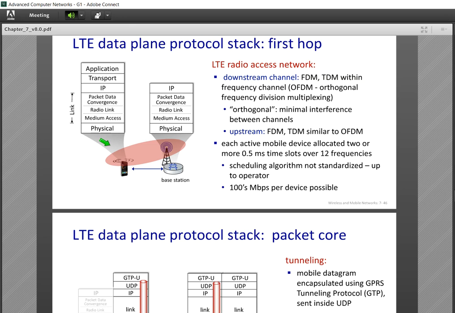We talked about FDM and TDM in the last lectures, so I will omit talking about them again. But maybe you ask, what is OFDM? OFDM, or orthogonal frequency division multiplexing, is a technology in which I'm using orthogonal channels. What are orthogonal channels?